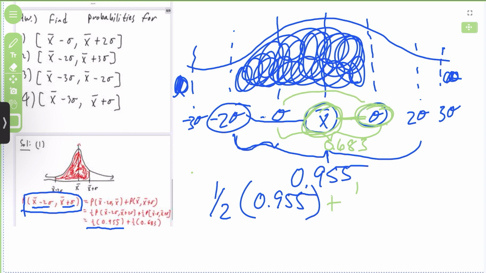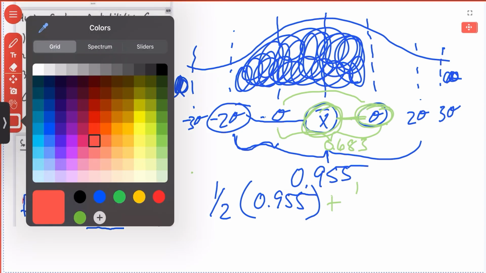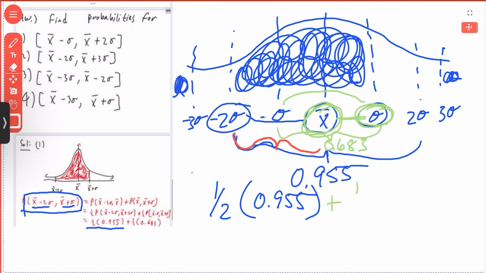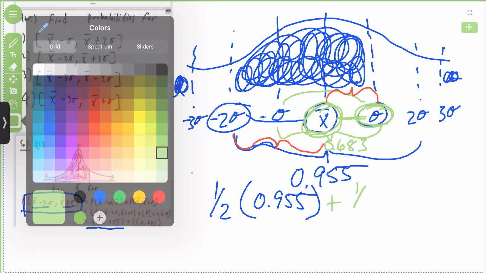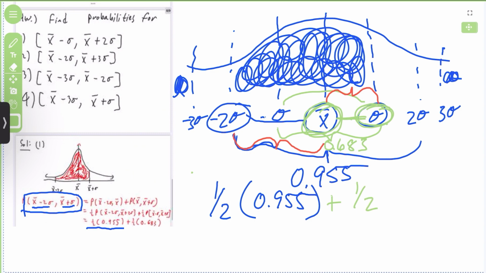We're just going from the mean to that, because that gives us the total. We would now have this portion and this portion covered by those two points. Okay, so we're going to once again have to half that. And that's going to give us our answer.